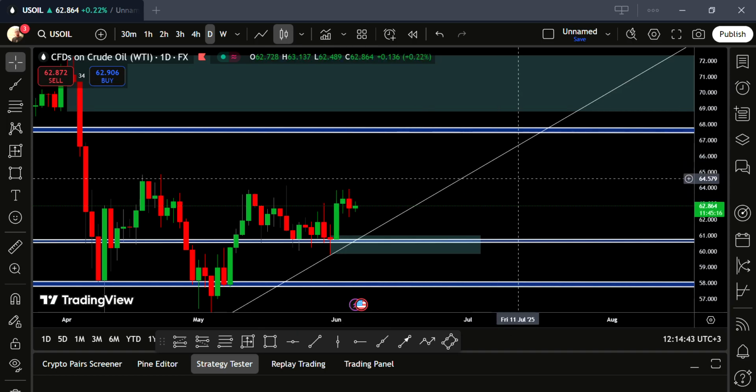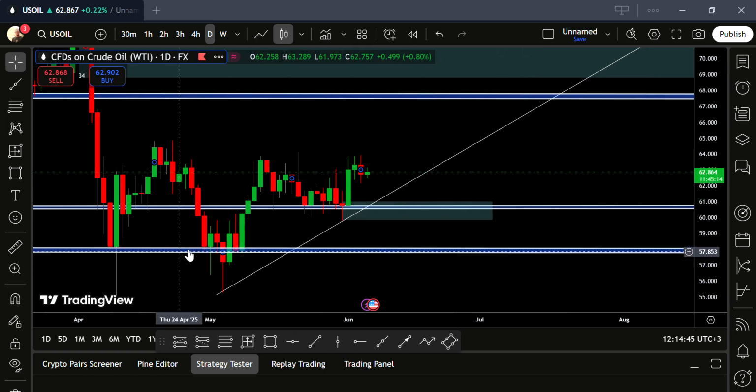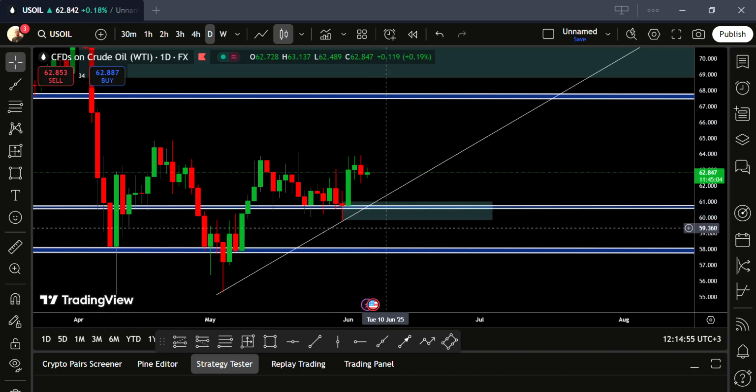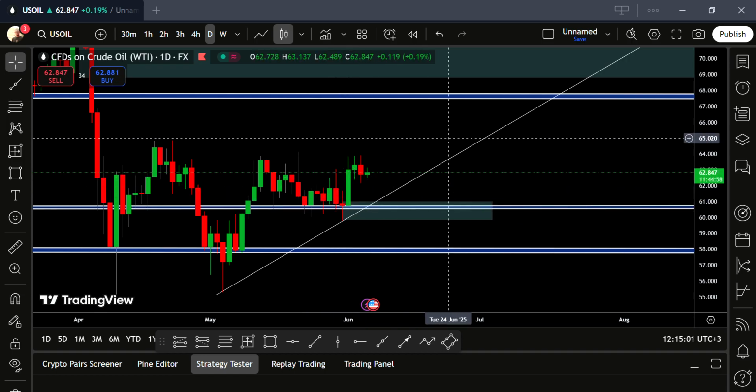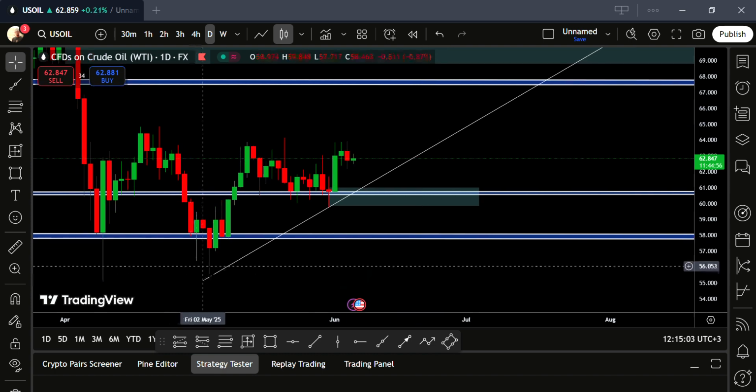So what is happening here is there is a demand zone below. Remember, why are we incorporating in demand? Because our top-down analysis gives us supply and demand for entries. So there is a demand zone below here, and there's also a trend line that is in play here.